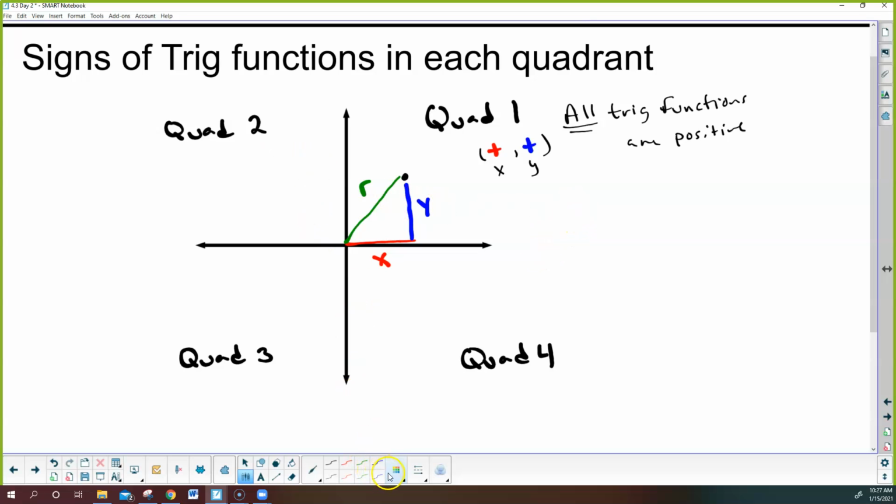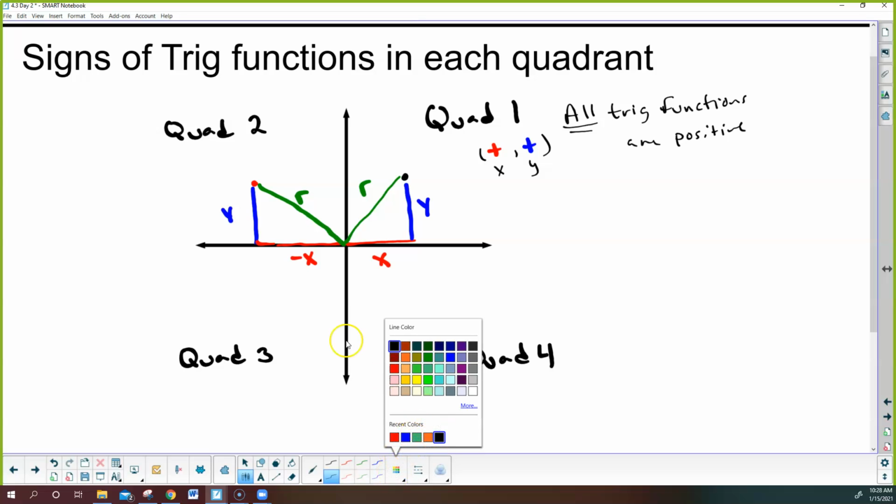Well, what happens then if I shift over to this point? If I have a point right here, I'd have to go negative x, but the y value is still positive. And our radius will always be positive because of the Pythagorean theorem. So what do we know about our points here? Anything that involves an x or the adjacent side will be negative. So what is positive here?